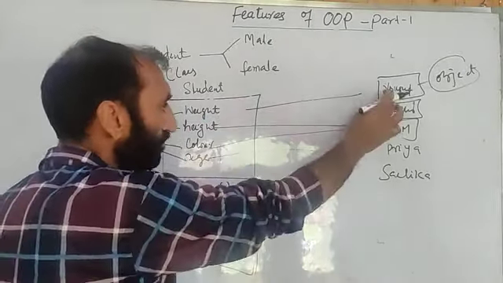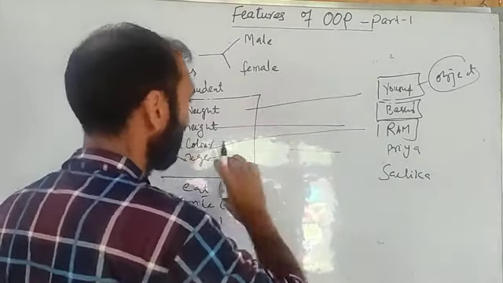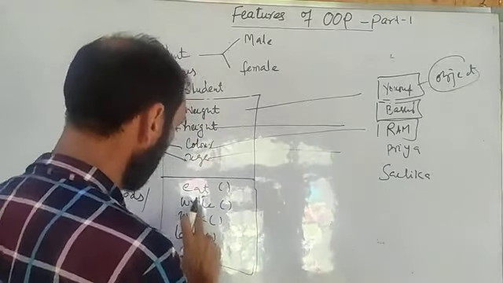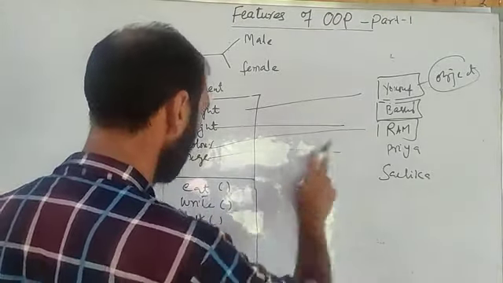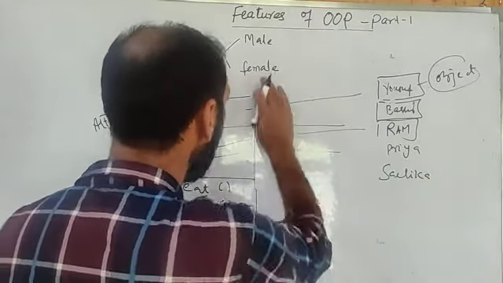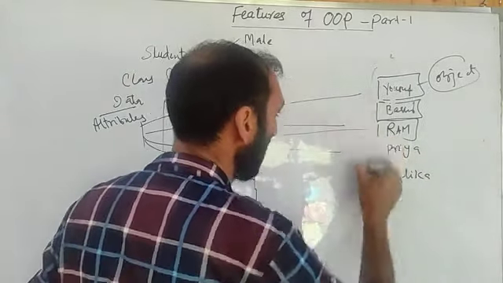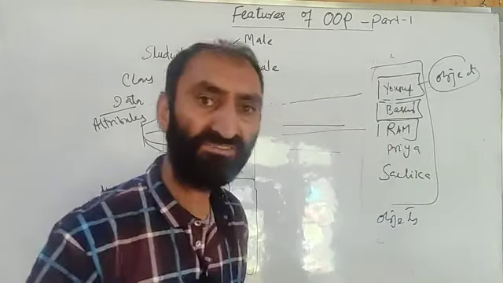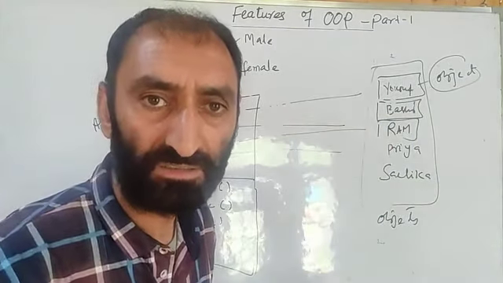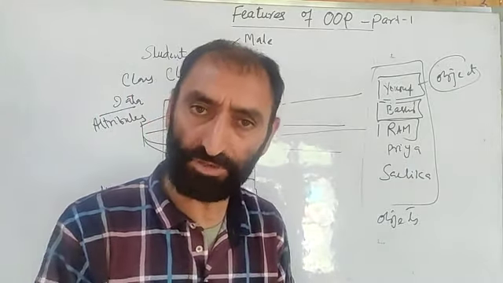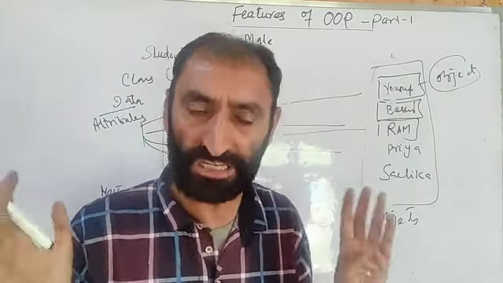Yousuf can have these features: height, color, weight, and also Yousuf can eat. Yousuf has this function. Yousuf can walk. Yousuf can learn, and similarly, Salika can walk. But we know that these are the objects. What is an object? Objects are the real world entity. Whenever we create objects, memory is going to be allocated at that time.